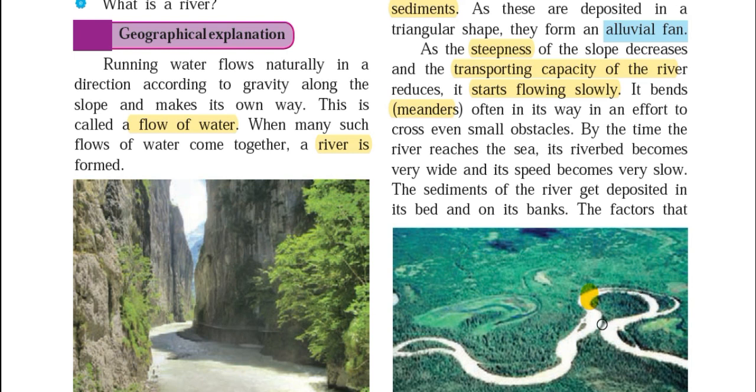So what happens? The river water changes its direction and tries to flow bypassing that particular rock or the obstacle which is in the path of the river, and it forms a meander like this. Here you can observe the meander shape. This semicircular shape is known as a meander, and when it widens up and forms a semicircle like this, one point comes when the two ends of this meander get connected to each other.